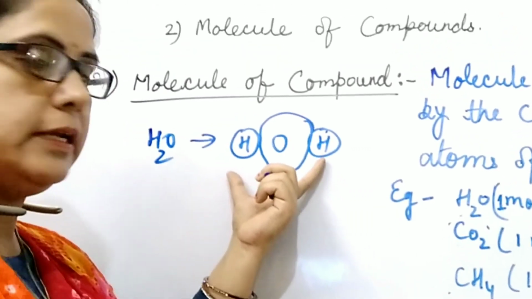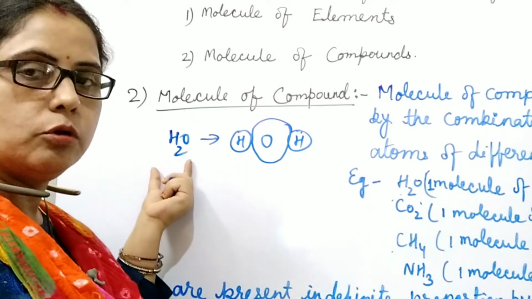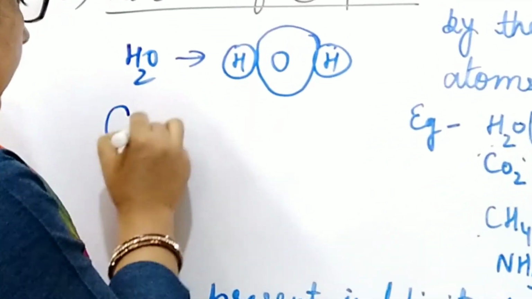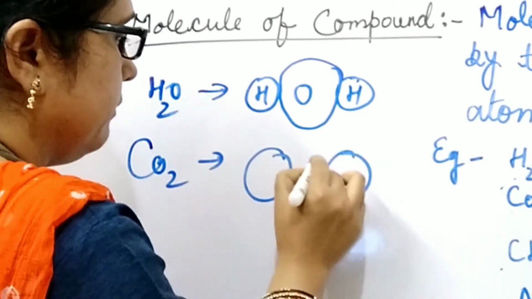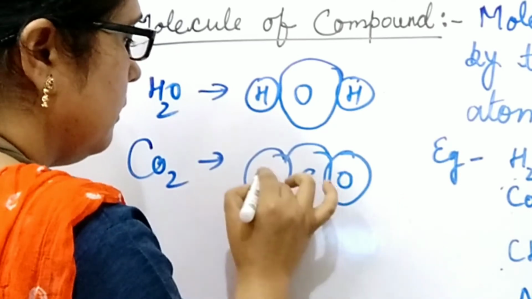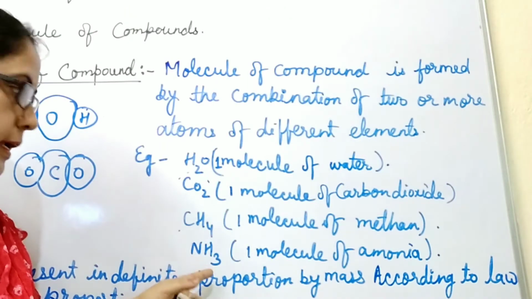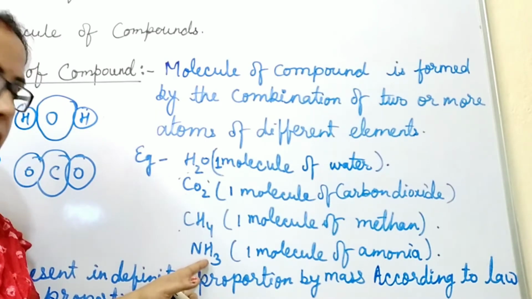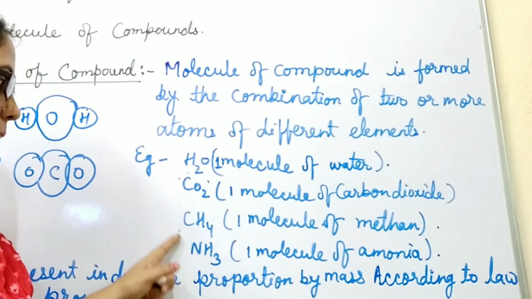So, two hydrogen atoms combine with one oxygen atom to form one molecule of water. Similarly, in carbon dioxide, two oxygen atoms combine with one carbon to form carbon dioxide. In ammonia, 3 hydrogen atoms combine with one nitrogen atom to form NH3, one molecule of ammonia.